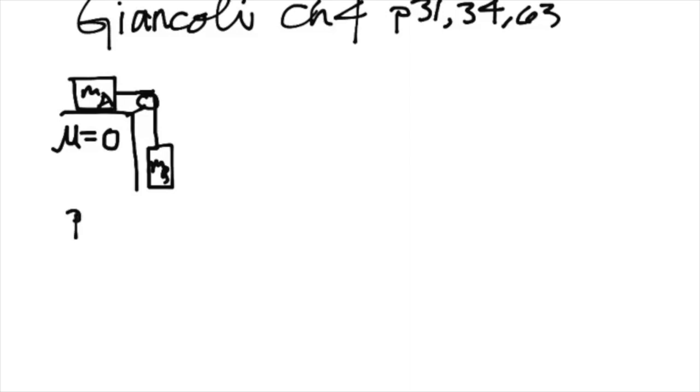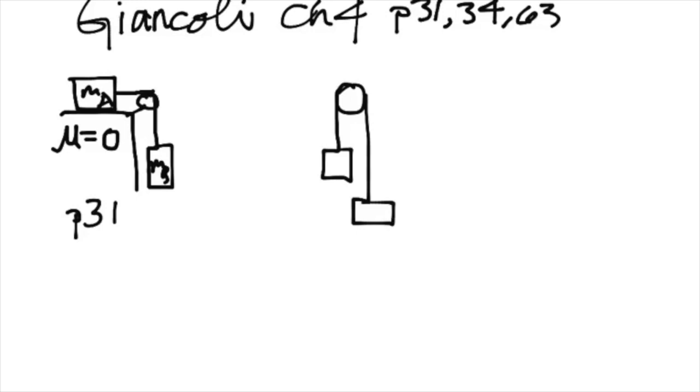This is problem 31. Problem 34 has a pulley with one mass hanging on one side, one mass hanging on the other. Let's call them mass 1 and mass 2. And this pulley is nice and frictionless and perfect, and the cable is light and inextensible and all those nice simplifying things.